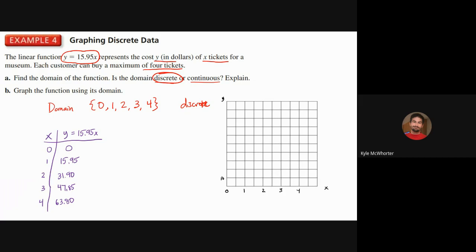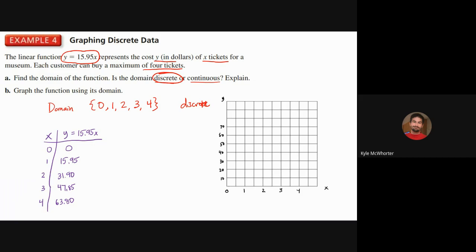Okay, so now I'm going to start plotting these points because it's a discrete domain. There's only 5 possible input values, so there's going to be 5 output values, and those will be the only 5 points that we graph.